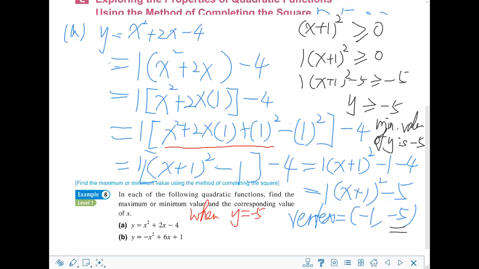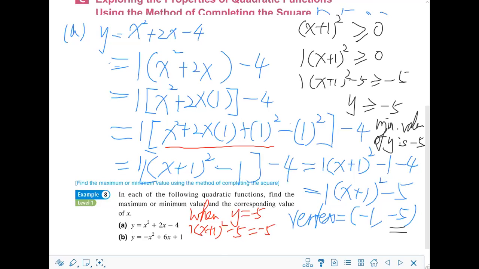Then I'm not going to use the original expression. I'm going to use the final expression, okay? The y is 1 times (x plus 1) squared minus 5 is equal to -5, okay?